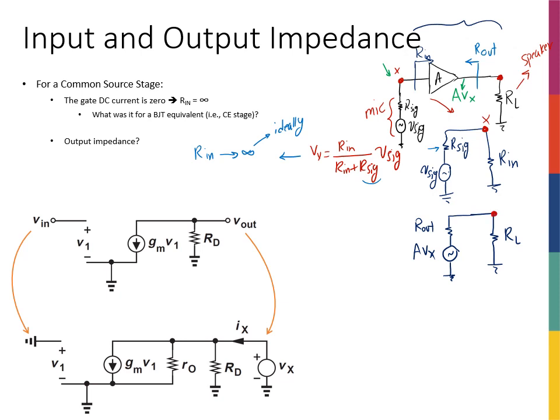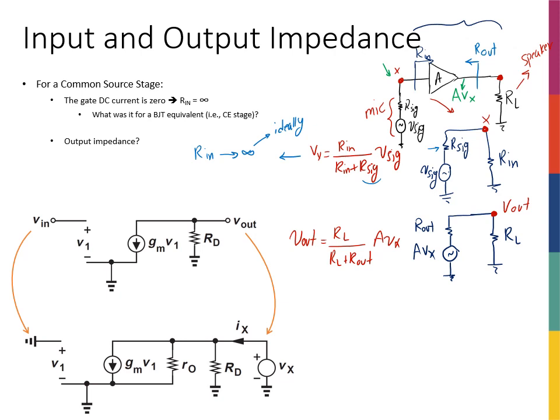I'm going to call that V out. And V out is going to be equal to RL over RL plus R out times AVX.